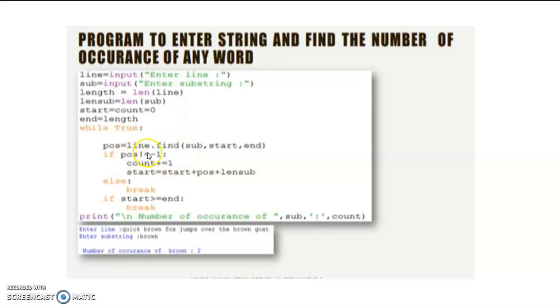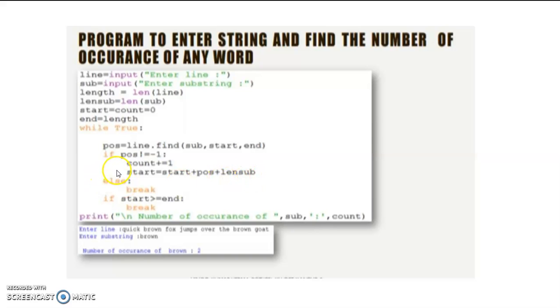So here the returned value is assigned to the variable pos. Then we check pos is not equal to -1. Not equal to -1 means that the substring is present in the given string. So we increment count plus equal to 1 and start is equal to start plus pos plus len of sub.